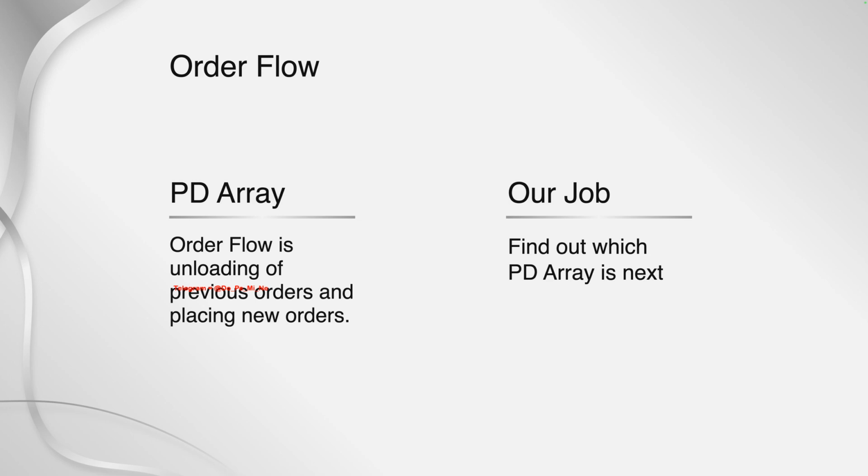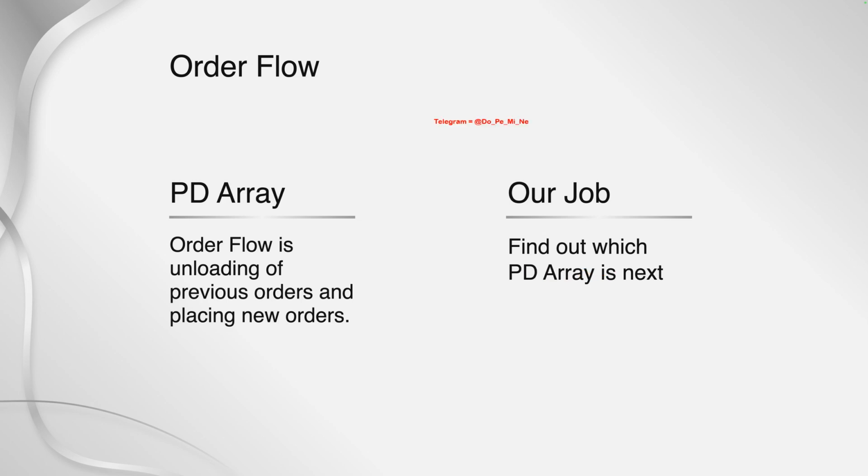So what does that look like? Well, let's say that we are in an uptrend, so we have bullish prices. Then you can imagine, and I want you to visualize this almost, that when price is moving higher, at previous premium arrays we are unloading orders. At discount arrays, so at a bullish order block for example, we are placing new orders.